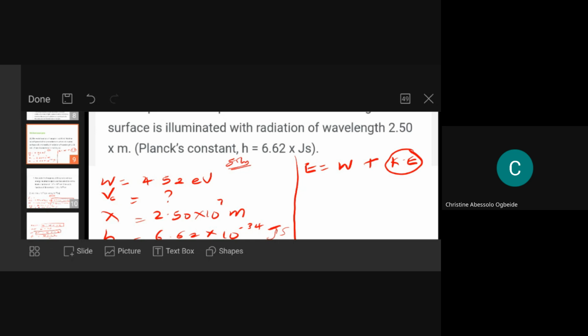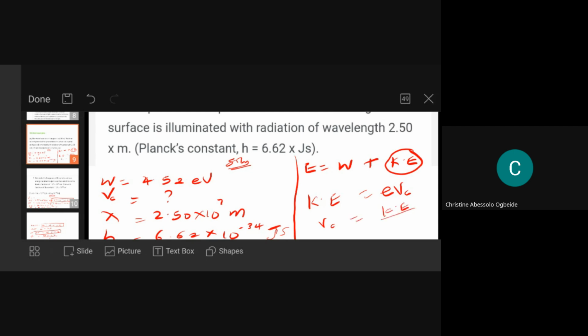So I need to find what the kinetic energy is. Once I find it, I can use it to find the cutoff potential, because I can equate the kinetic energy, KE, to the charge of the electron multiplied by the cutoff potential. So the cutoff potential, V sub C, is equal to what?